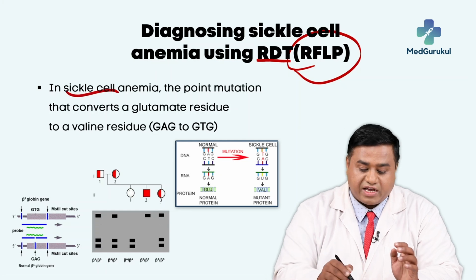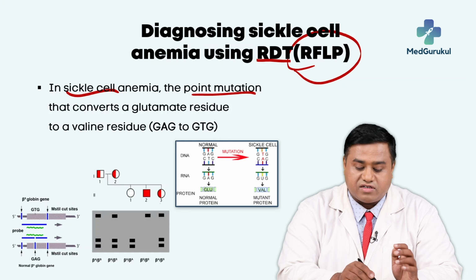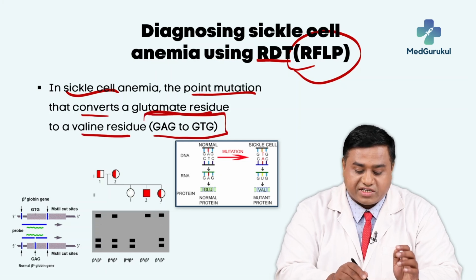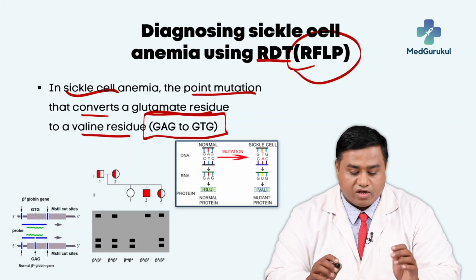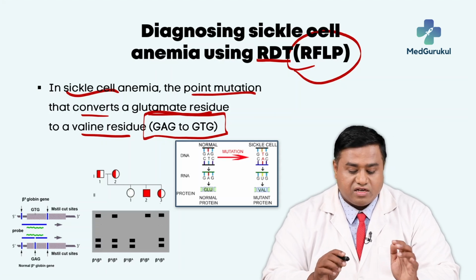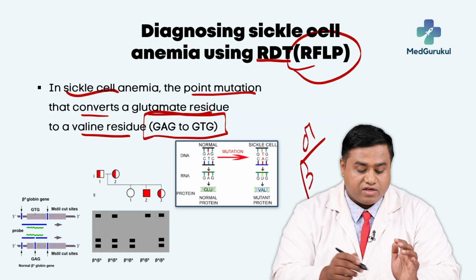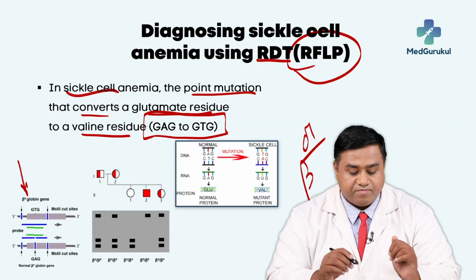So sickle cell anemia is an example of a point mutation where a glutamate residue is converted into a valine residue because of a change in the DNA from GAG to GTG. So this change will lead to abolition of a restriction site in the beta chain. In this you can see there is a beta globin chain gene.